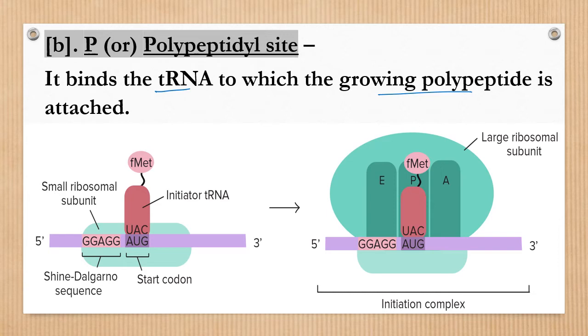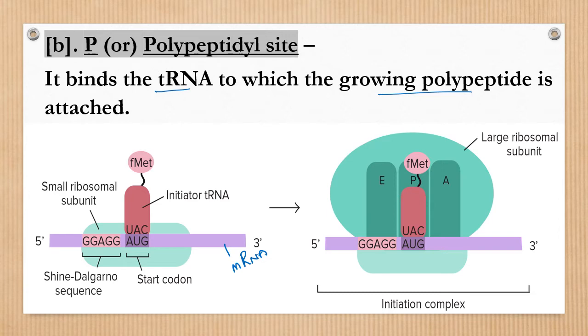The starting codon is AUG, and the tRNA with UAC is the initiator tRNA. It matches with the codon of the mRNA. This is the mRNA strand having the initiation codon or start codon, and the tRNA matches to that and it is initiated.